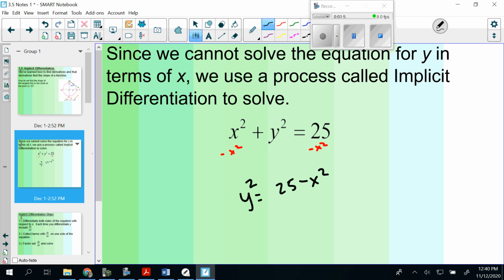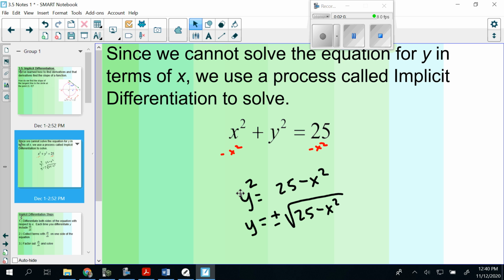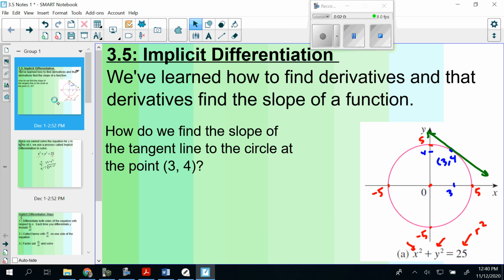We can square root, but then we get plus or minus the square root of this. And that becomes two functions, and we don't want to have to deal with two functions. So solving it doesn't really work, and the reason it doesn't work to solve for y is that a circle is not a function. It doesn't pass our vertical line test.